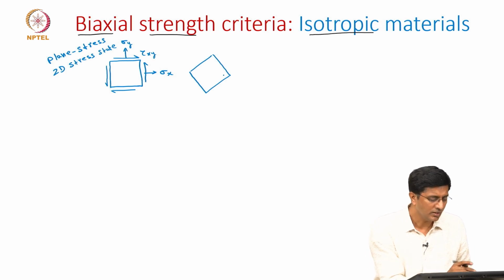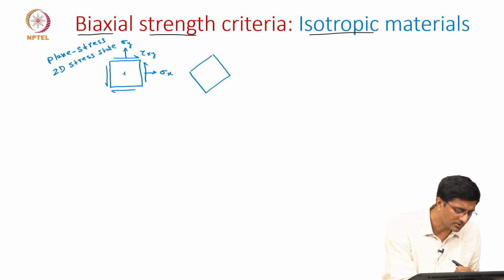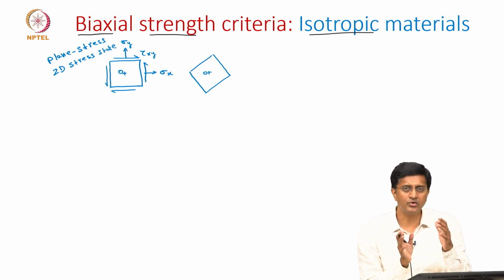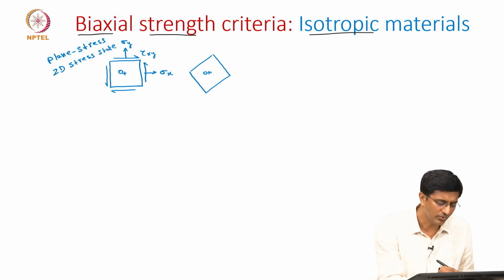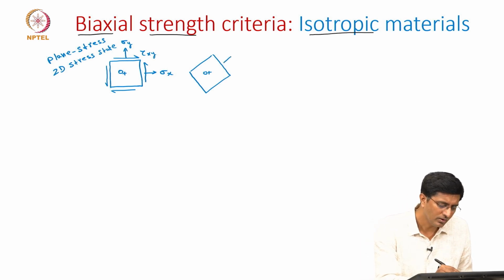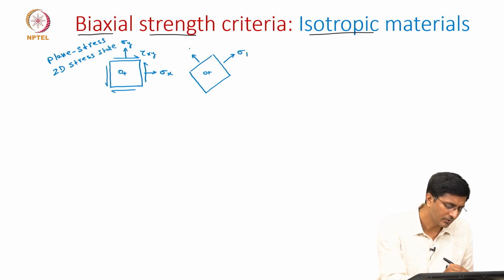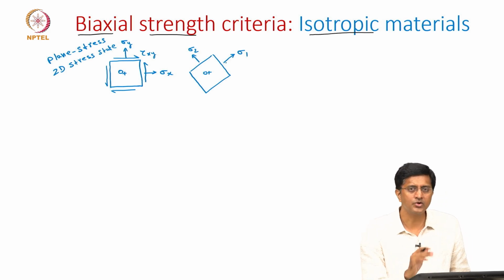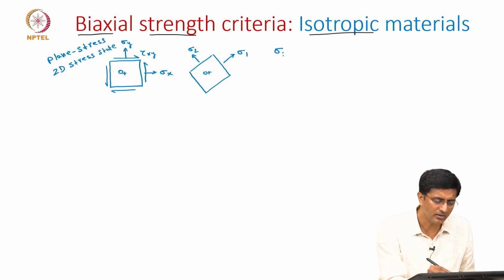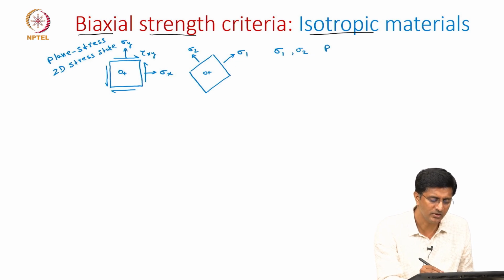Let's say this is the infinitesimal element about this point O. About that same point O, if we change the orientation, we should be able to find an orientation where there are only normal stresses like sigma 1 and sigma 2, but on these planes there are no shear stresses. Then these planes are called the principal planes, and the corresponding normal stresses are called sigma 1 and sigma 2. We call them principal stresses.